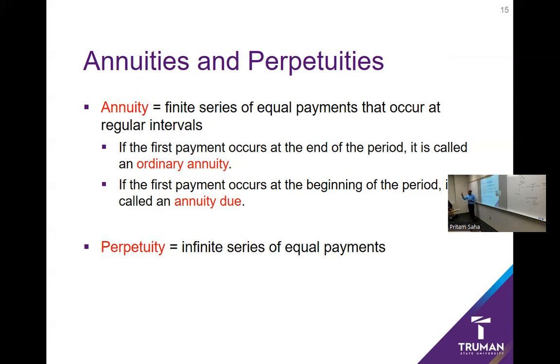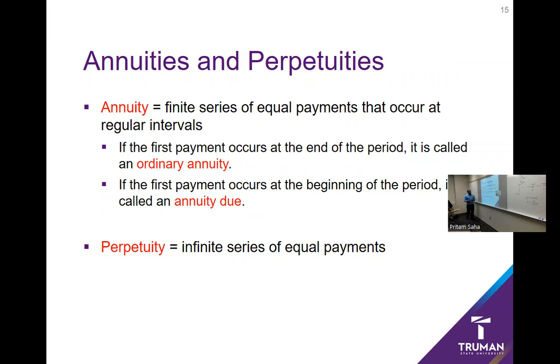Annuities are of two types: ordinary and due. If the first payment occurs at the end of the period, that is called an ordinary annuity. If the first payment occurs at the beginning of the period, that is called an annuity due.